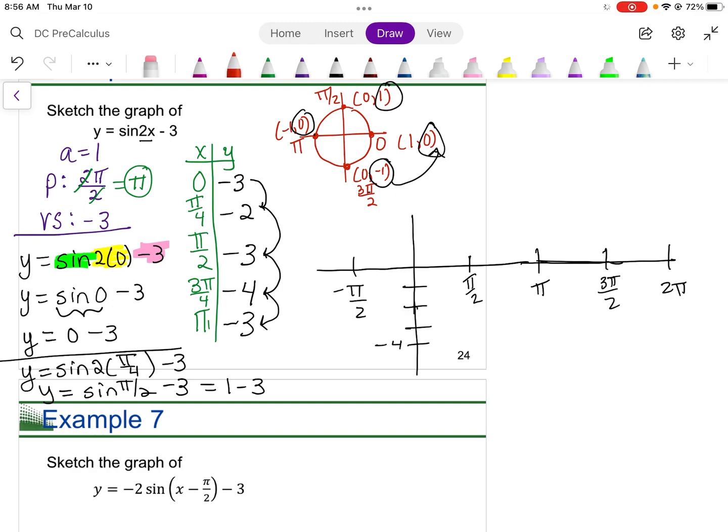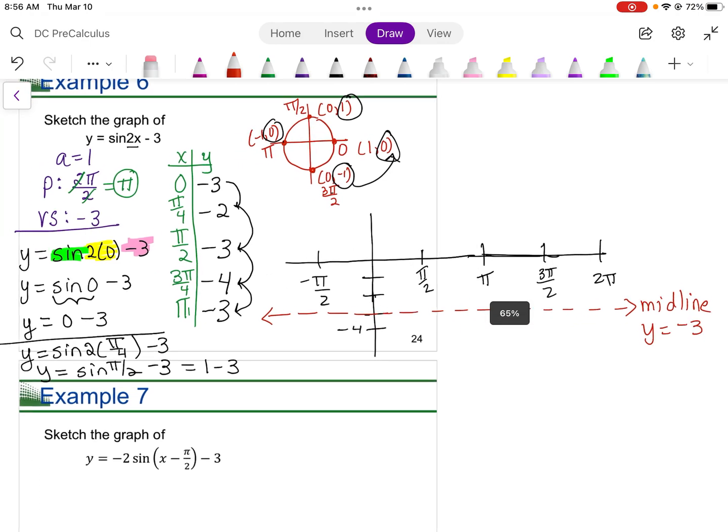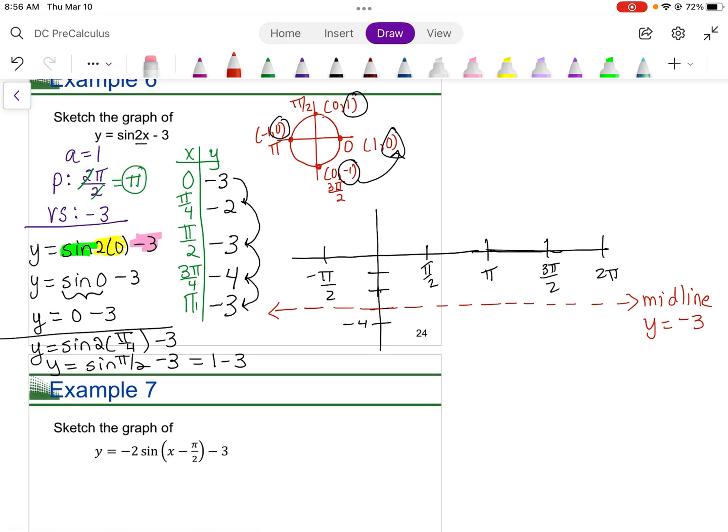All right, you move the entire graph down 3. So y equals -3 is going to be your midline. So that's going to be the line that cuts our graph basically in half. And that's your vertical shift. So we moved it down 3, so our midline's y equals -3. All right, 0, -3.